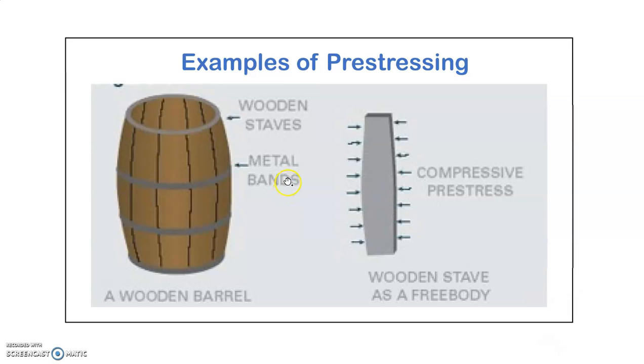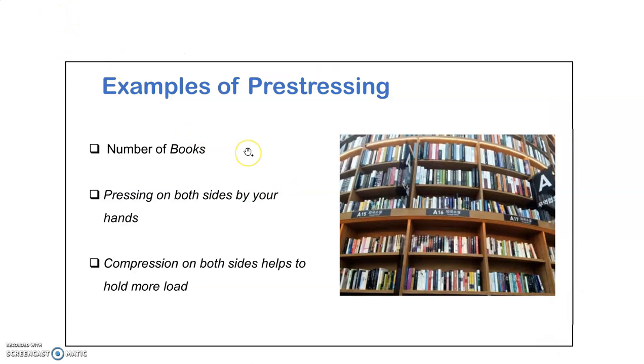Next, some examples for pre-stressing. When we go to the library, we cannot easily take a book when the books are placed very closely, because a compression is offered by the adjacent textbooks.